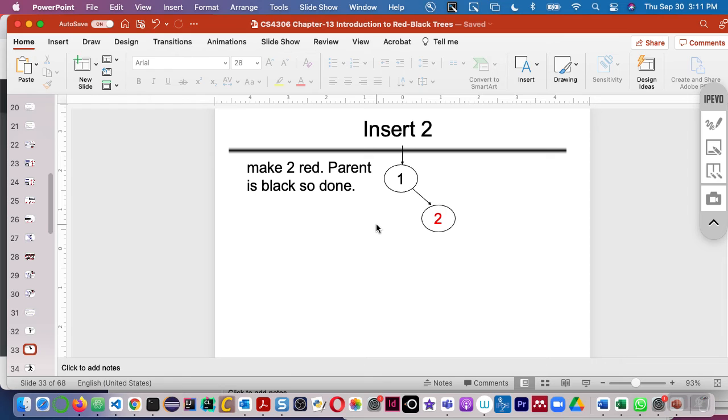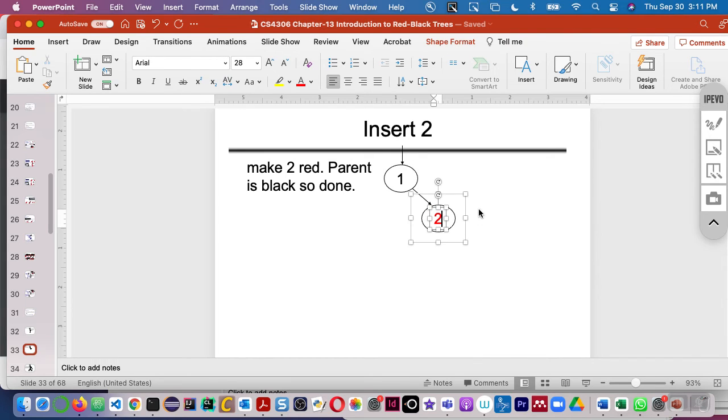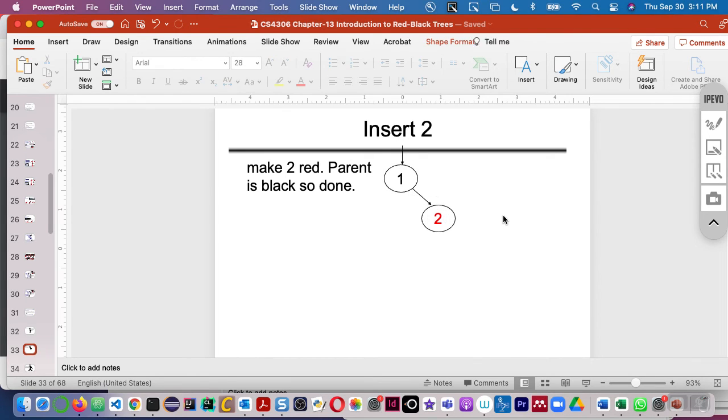No. For instance, 1 is not red, it is black, so we are not concerned about that. And this one is red, and the nil has 2 black children. If it is red, then all its children, if it has any, are black.